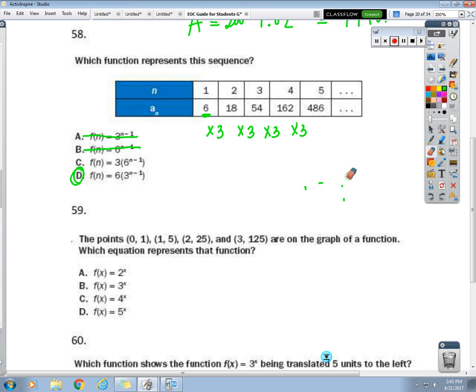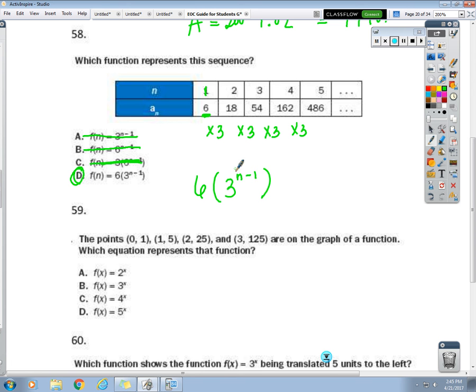Replace the n with a 1 and see if it gives you a 6. 3 times 6 to the n minus 1. If I replace this n with a 1, 1 minus 1 is 0. What's 6 to the 0 power? And is 1 times 3 6? No. So then I would try it with the last one. I always try the last one just to make sure I didn't make a mistake somewhere. 6 times 3 to the n minus 1 power.